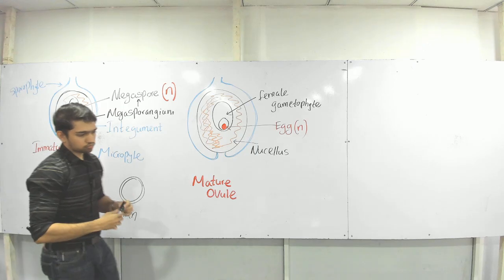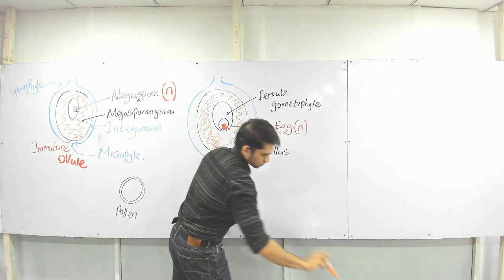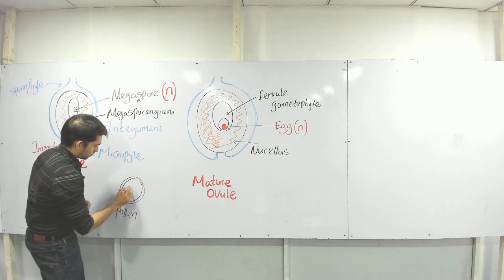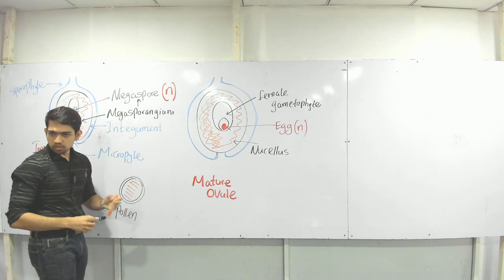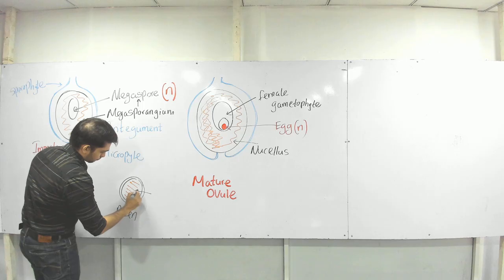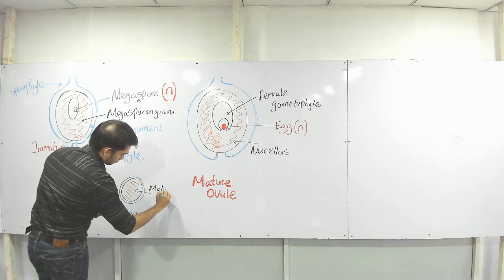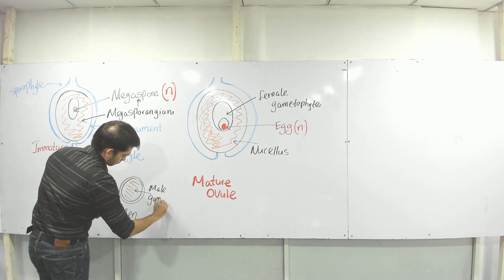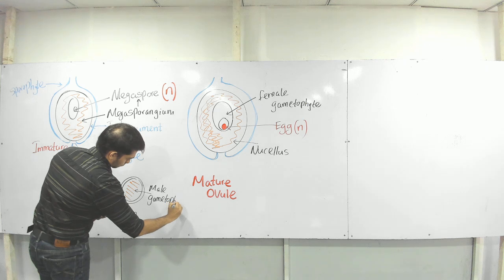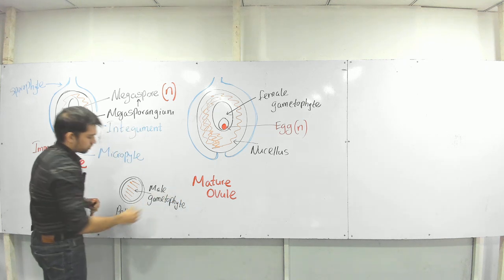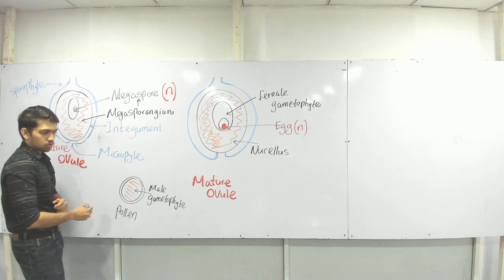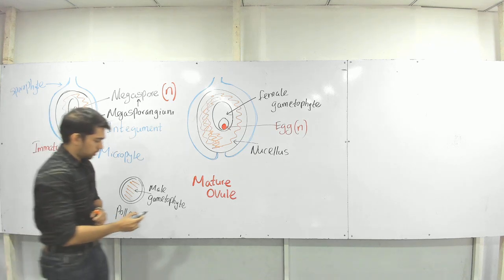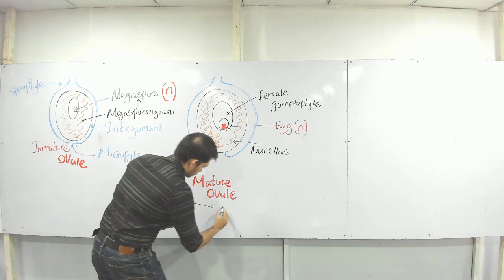Inside, you are going to have the male gametophyte inside the pollen grain. So, what is the job of the male gametophyte? To produce sperm. The male gametophyte is going to produce sperm.